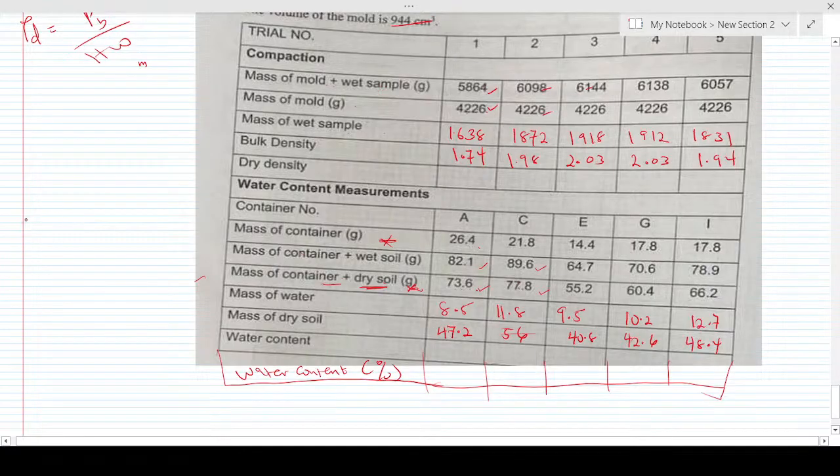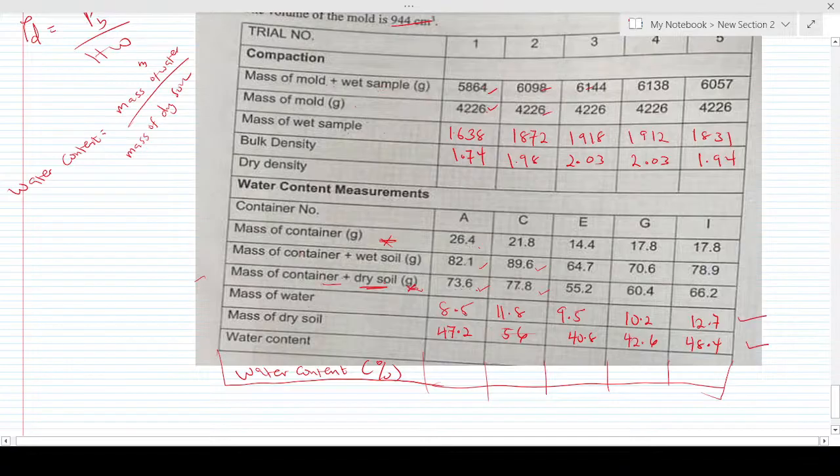You know that your water content is simply the mass of water divided by the mass of dry soil. So now you know your mass of water. You know the mass of the dry soil. So you're simply going to divide.